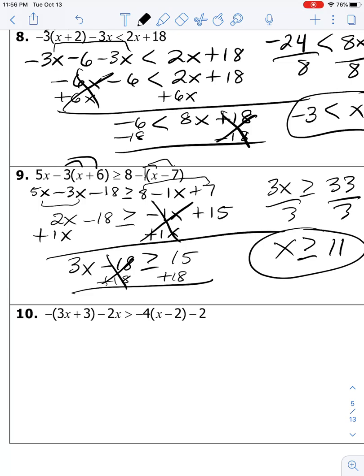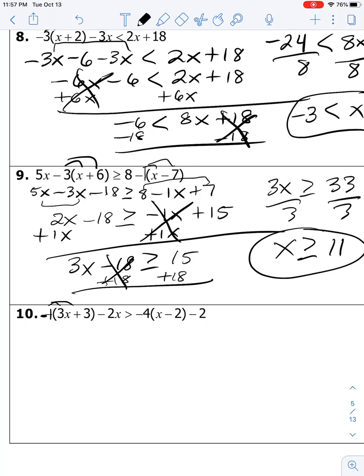We saw it on the previous problem. We got a negative sign right next to a parenthesis. What is technically in front of the parenthesis? Yep, you guessed it, a -1. So we're going to distribute a -1.